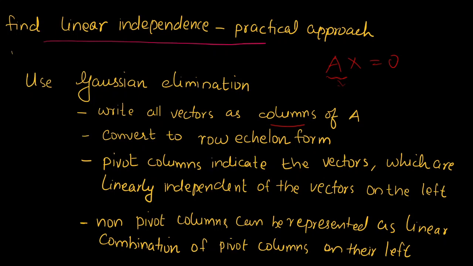That means that when you reduce this A, if it contains any non-pivot column, then it is a linearly dependent set. Okay, if all the columns are pivot columns, then it is linearly independent. Okay, so let's see an example.